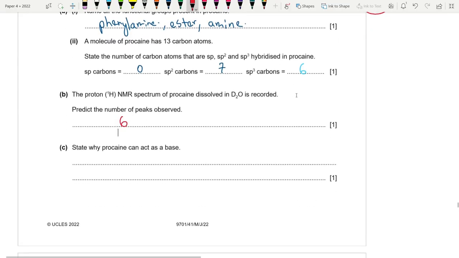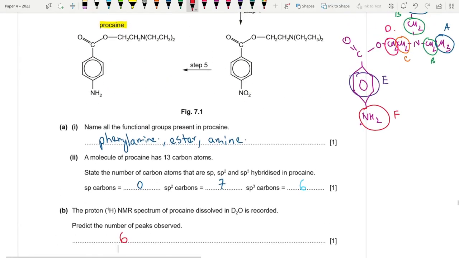Okay. So state why procaine can act as a base. Oh, okay, okay. So basically, my bad. Here maybe what happens is this NH2 does act as a proton acceptor. The D comes in here, okay, but it isn't exchanged completely. That's what happened, probably.